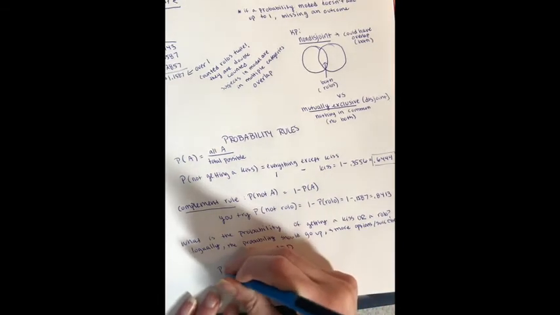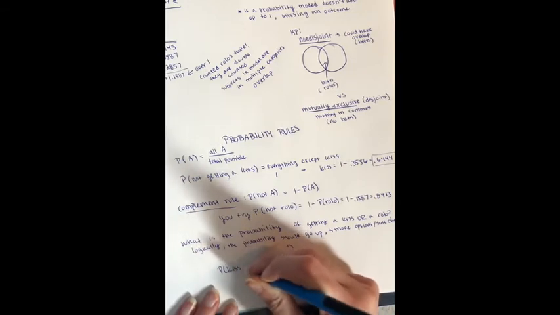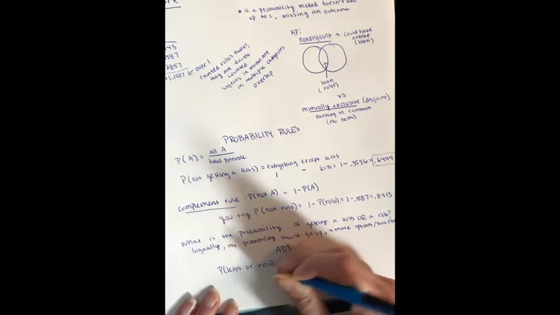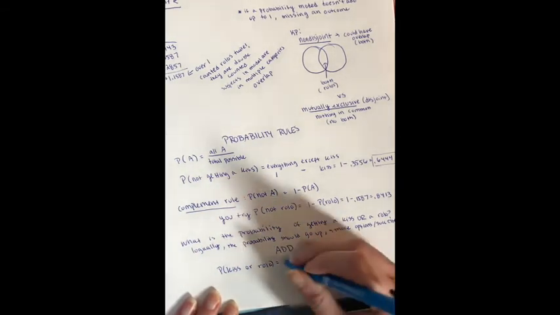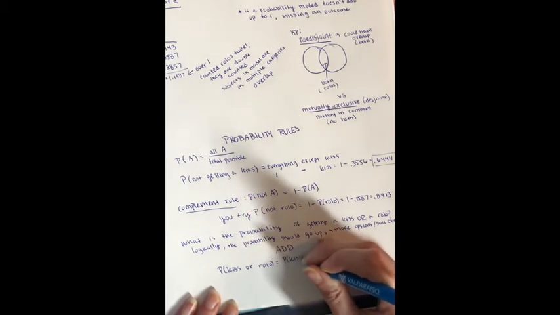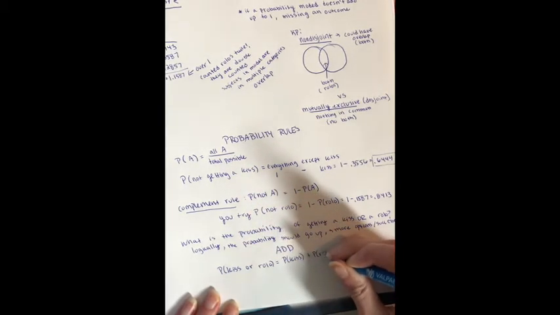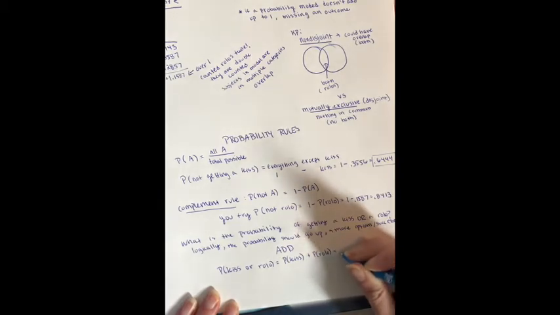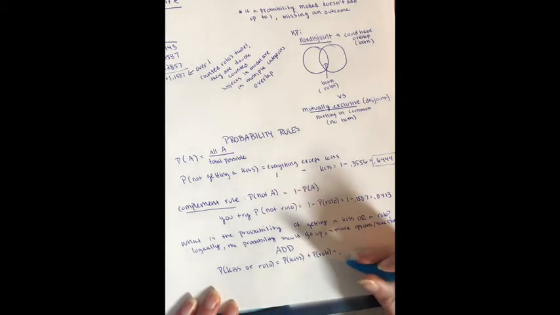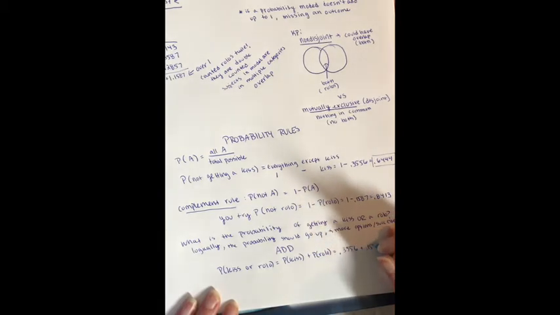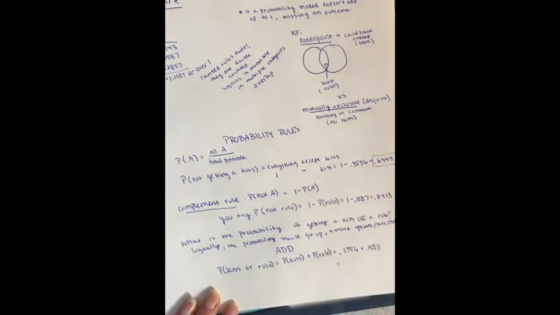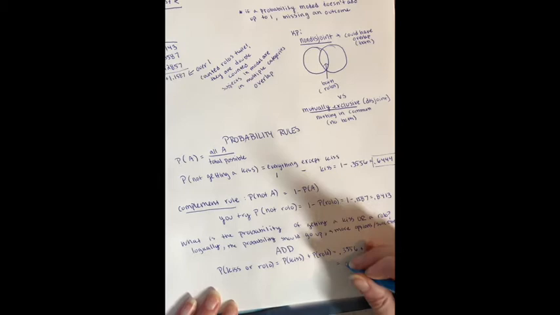So if I want the probability of kiss or Rollo, I'm just going to take the probability of kiss plus the probability of Rollo. That's 0.5143.